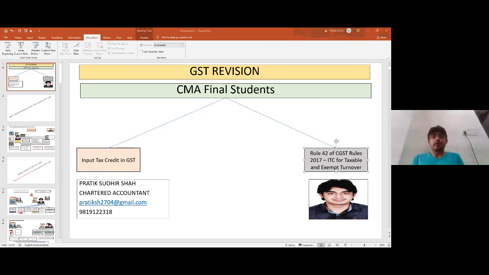It says that ITC of an invoice of any particular financial year, the financial year was 2021, may be availed up to the due date of filing the GST return of September following the end of the financial year.